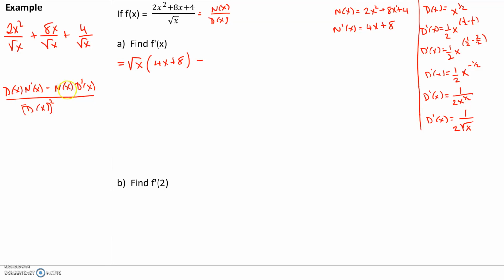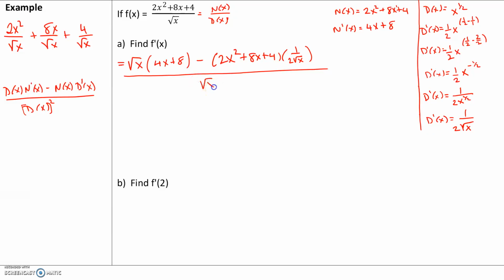So what is n of x equal to? n of x is this one right here, the 2x squared plus 8x plus 4. And we're going to multiply this by d prime of x, which is 1 over 2 radical x. And all of that is going to get divided by d of x to the second power.